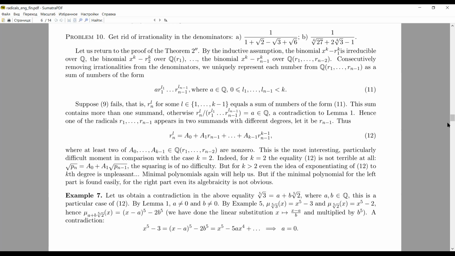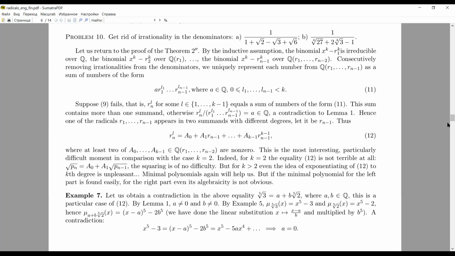So one of the radicals, R1 etc. R(n minus 1), appears in two summands with different degrees. Let it be R(n minus 1). So we rewrite 9 as the following: 12.